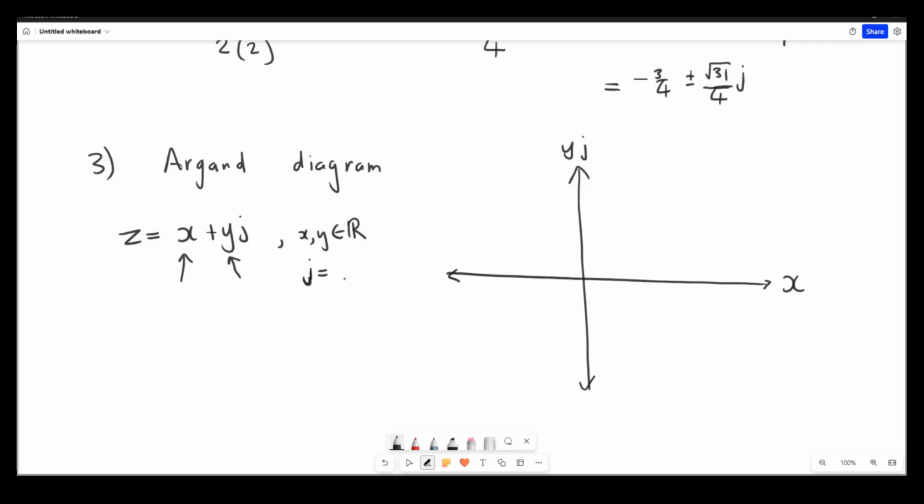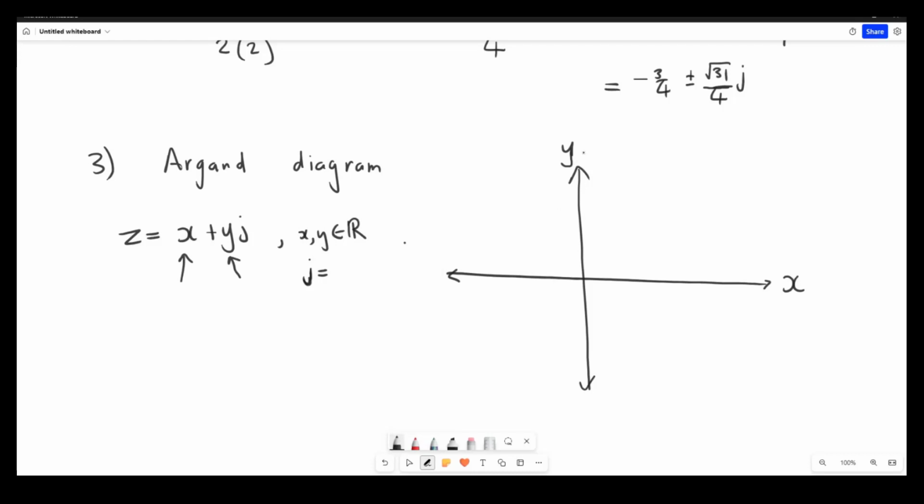In the Cartesian plane, some authors don't write the j part, they just write y, and some put the stress that this is the imaginary axis. The vertical axis, the one going up to positive infinity and down to negative infinity, is called the imaginary axis.